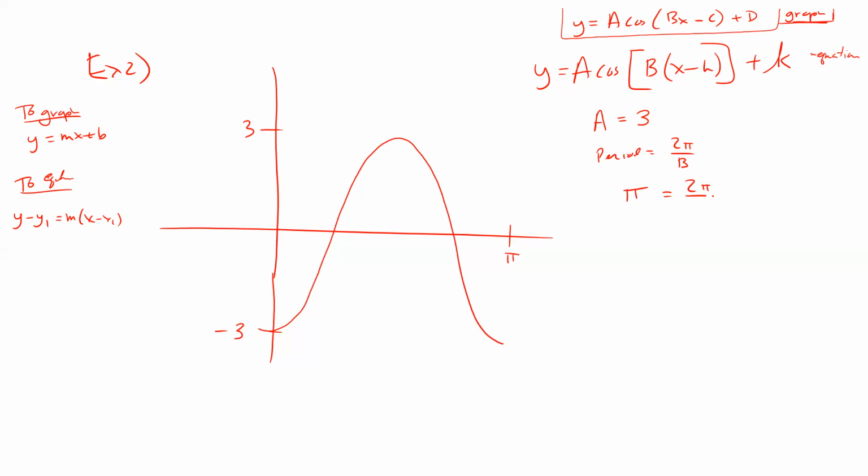So pi is 2 pi over b, and we just solve for b. I think we have to multiply both sides by b, because these b's will cancel. Left with b pi is equal to 2 pi. A little bit of algebra work here. b is equal to 2. Got that one solved.